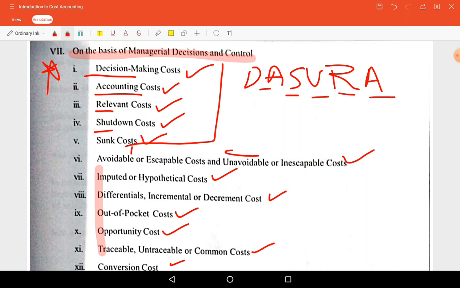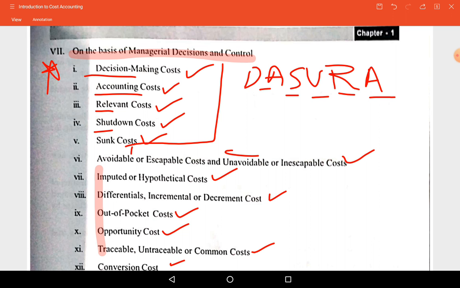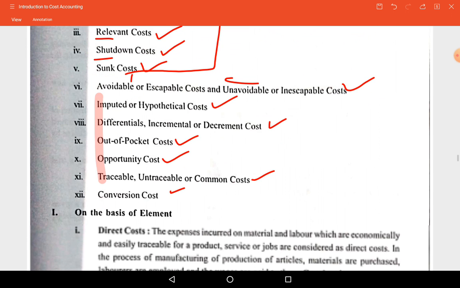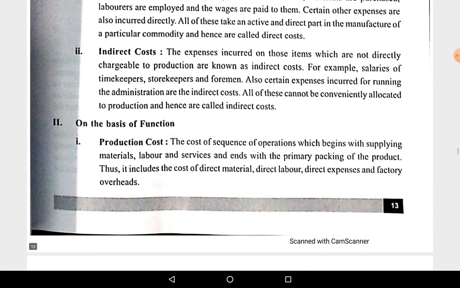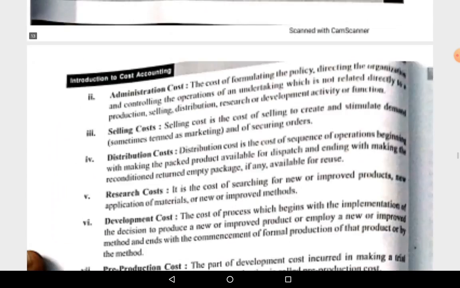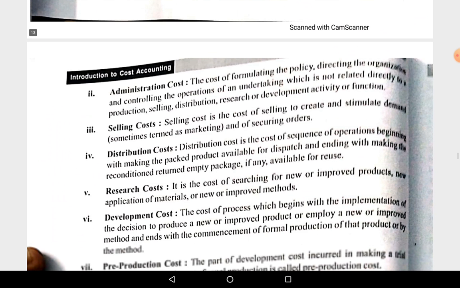If you learn a few things, the remaining will be easily understood. So let us go to this classification. This I haven't explained; direct and indirect I have explained, and function wise we have also done. So later we need to do some other.